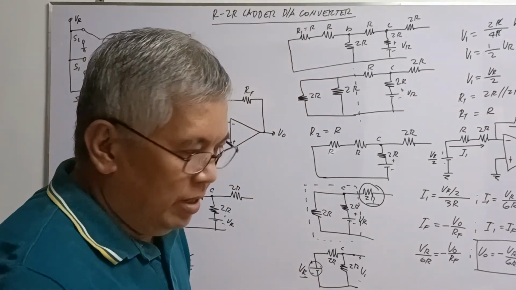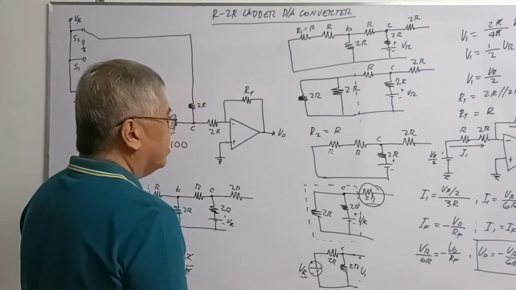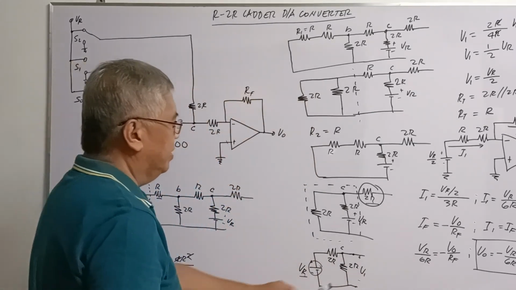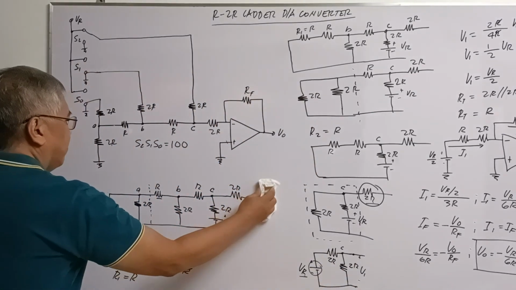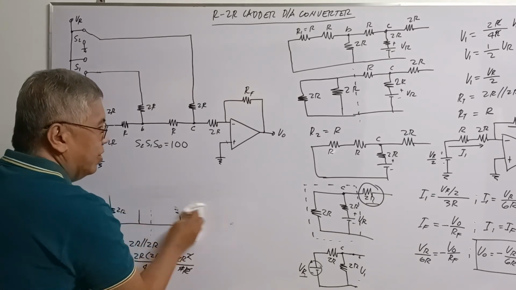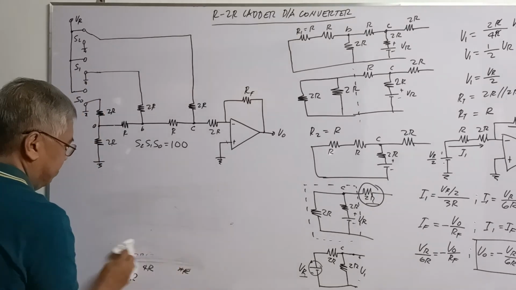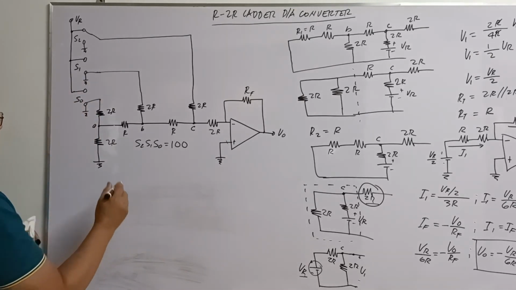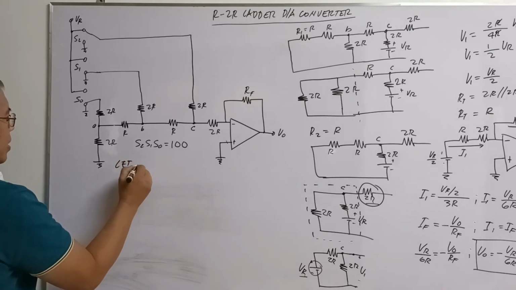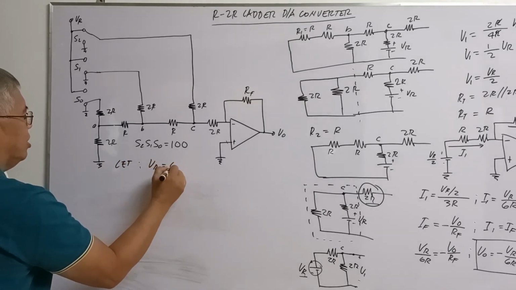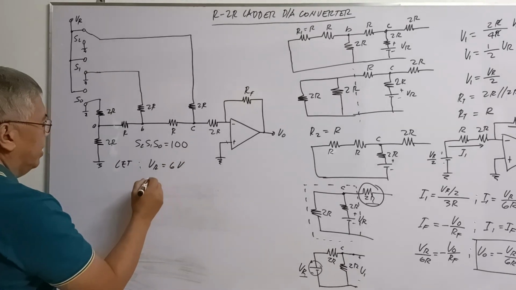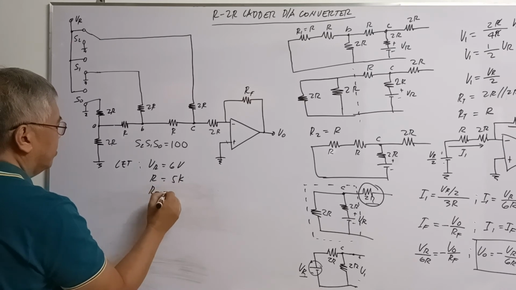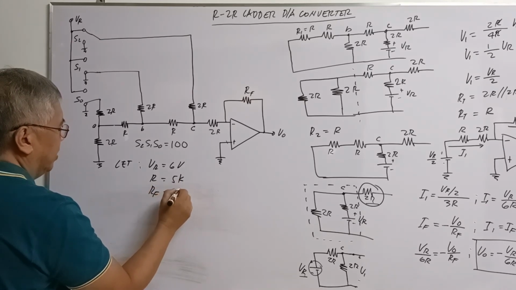Now, let us substitute particular values for your VR, RF, and your R. Okay? So, let's say, let VR equal to 6 volts, for example, and then R is equal to 5K, and RF is also equal to 5K.